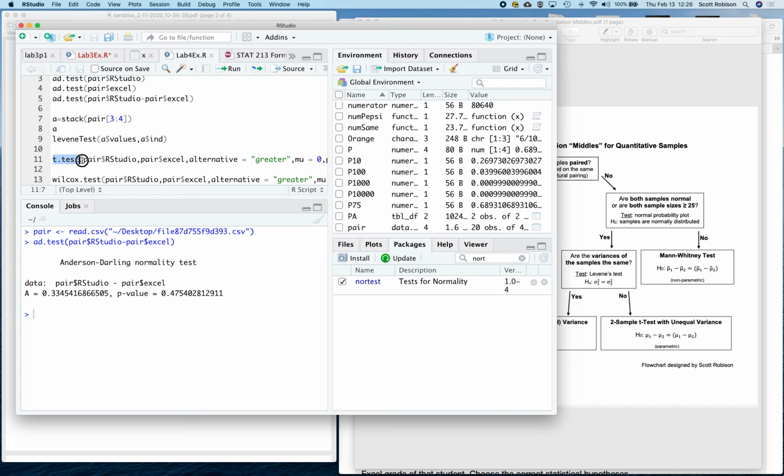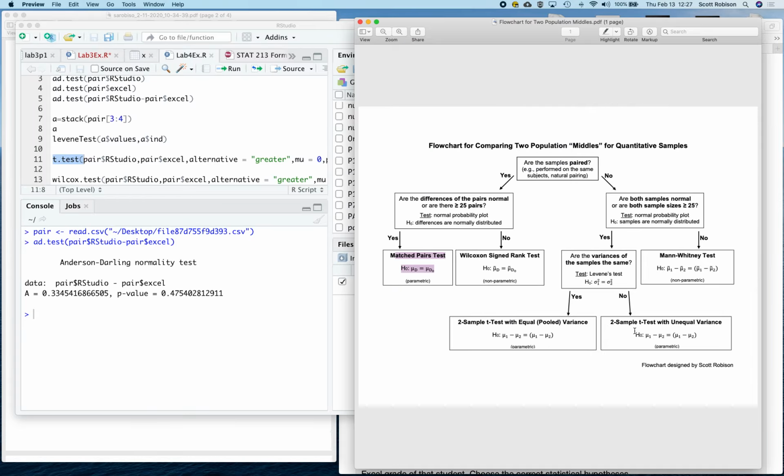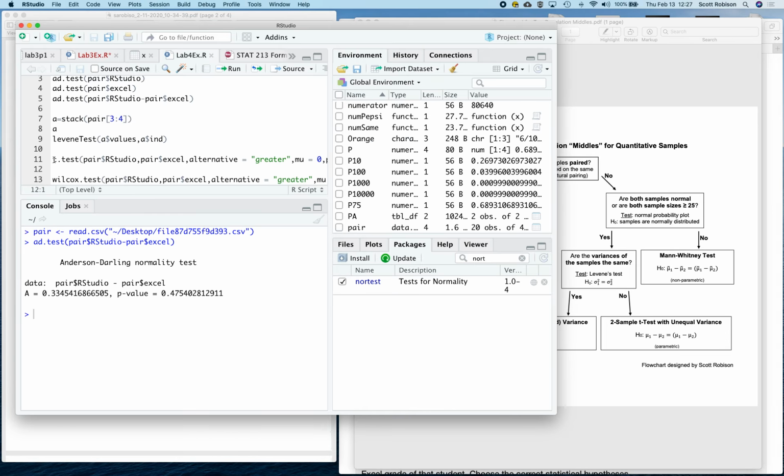You can run that in the same way that you run a two-sample t-test with equal variance or with unequal variance. It's still the t.test command, one column, the other column. Make sure the sign in the alternative is the way you would like it to be.